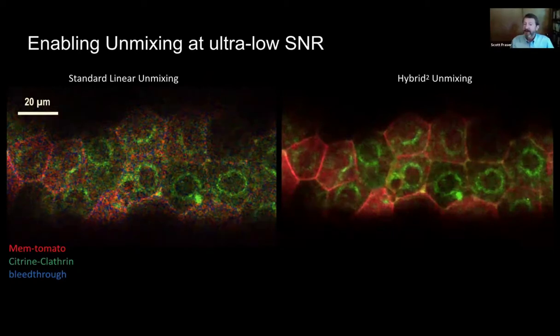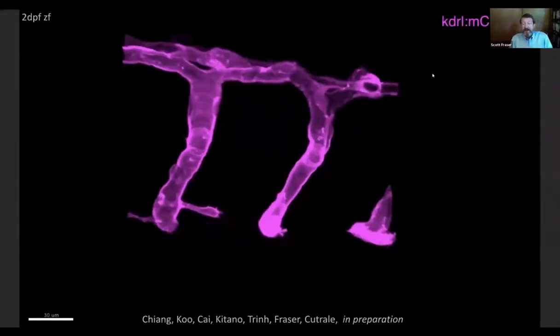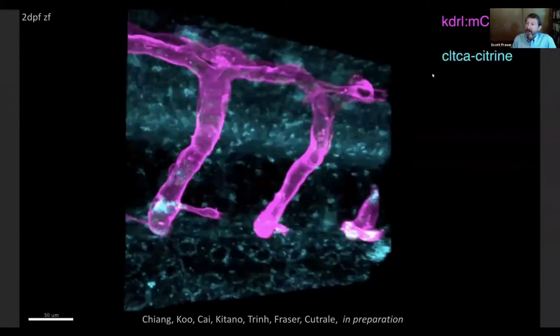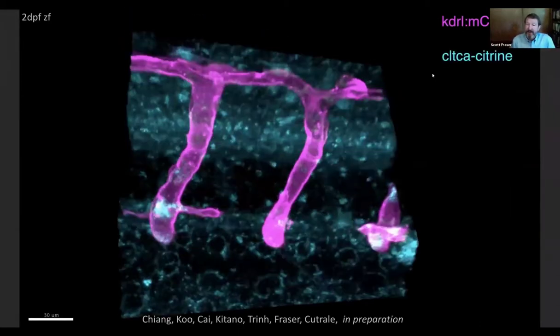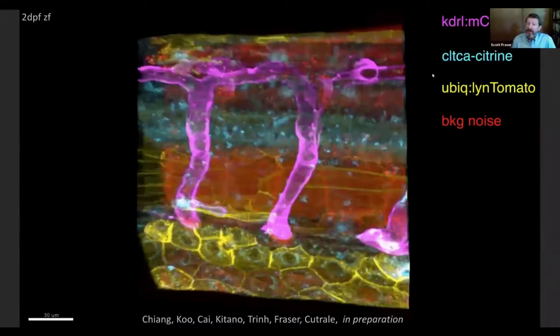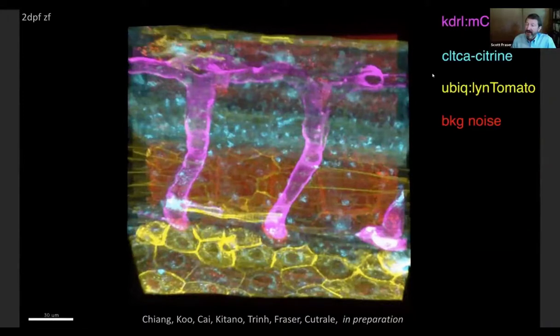If instead we use the hybrid unmixing, this is using the machine learning and the hyperspectral phasor, you can see that we get a signal to noise that's much more interpretable. So this approach is allowing us to look at the things that are most light sensitive, like growing vasculature within an embryo, and look at multiple different labels and also the autofluorescence and background noise.